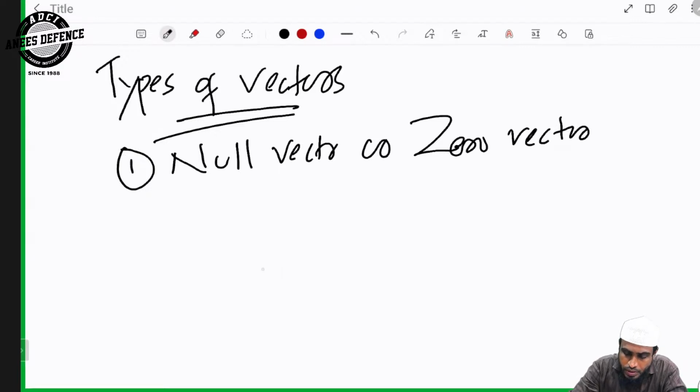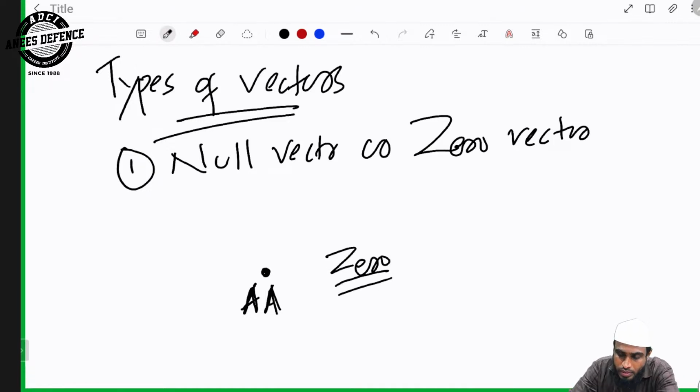For example, I am standing here at the point A. After some time also I am here only. So my net movement, I can say, is from A to A only. So what is the magnitude of this AA? It is actually 0. Therefore this vector is known as the null vector.